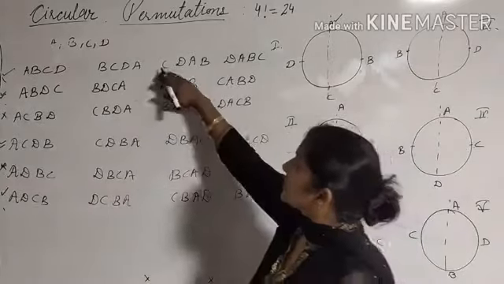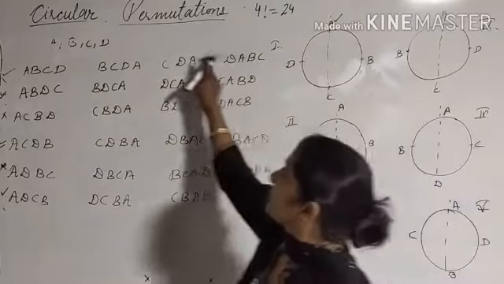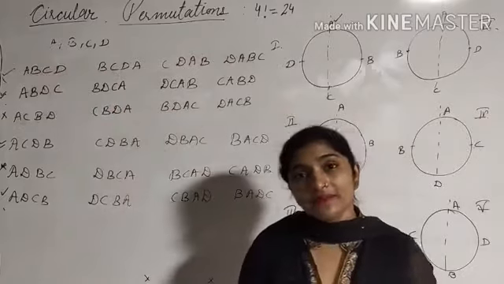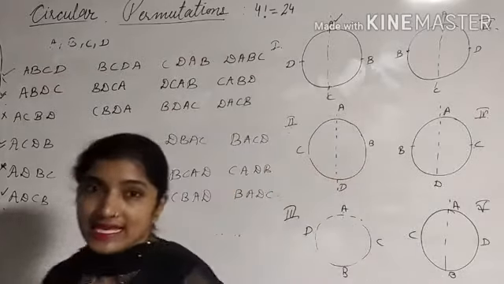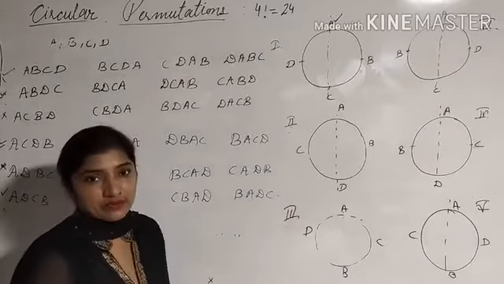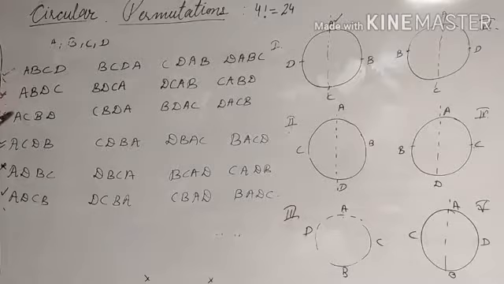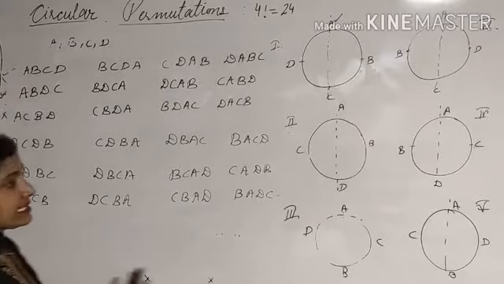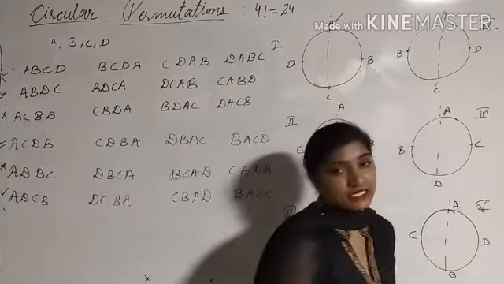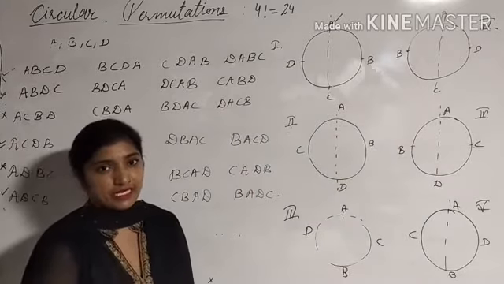And similarly, you can check that in each of the 6 lines, the four arrangements are the same and give rise to the same circular arrangement. So out of these 24 arrangements, we have only 6 different arrangements: 1, 2, 3, 4, 5 and 6. These are the 6 different circular arrangements, right?